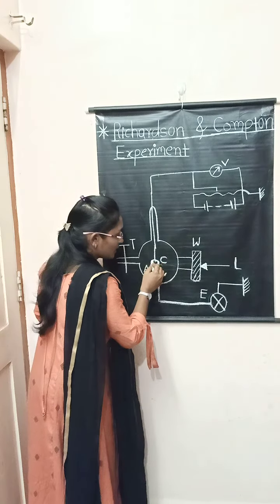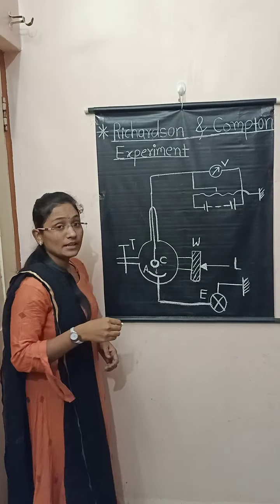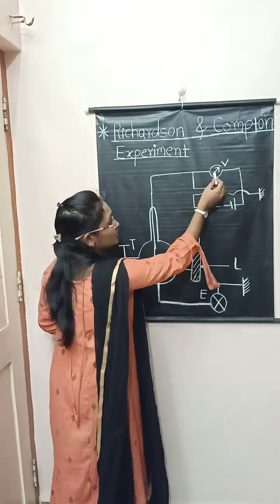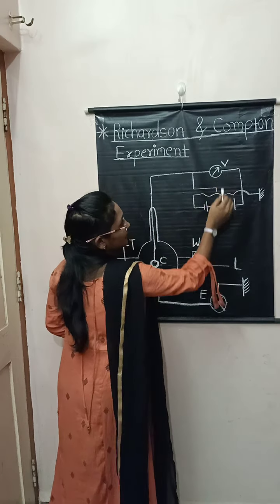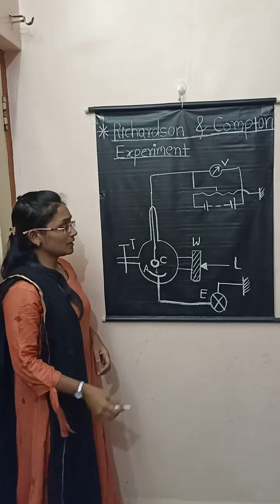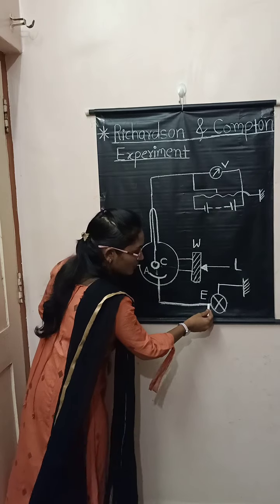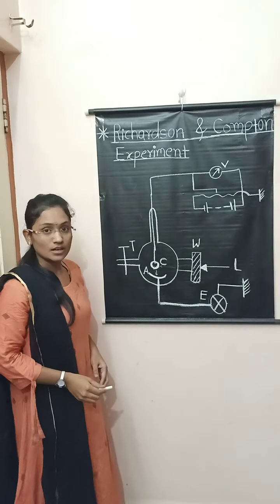So this strip C maintains this retarding potential, and this retarding potential is measured by this voltmeter V. This is a voltmeter. So the voltmeter measures the retarding potential and the electrometer measures the photoelectric current.